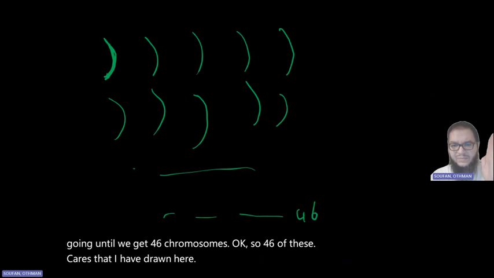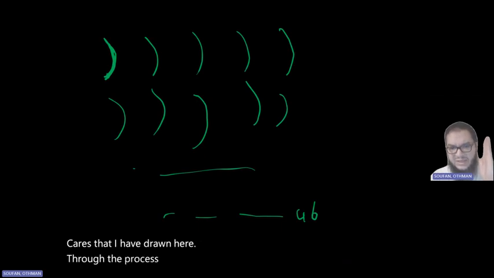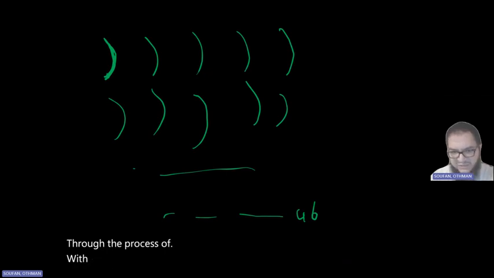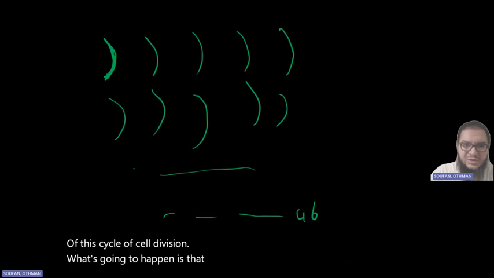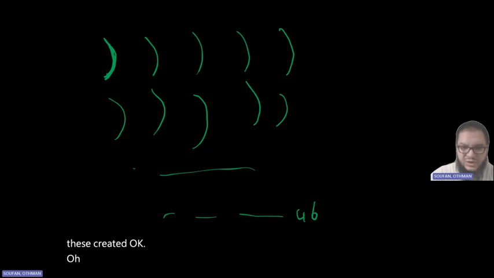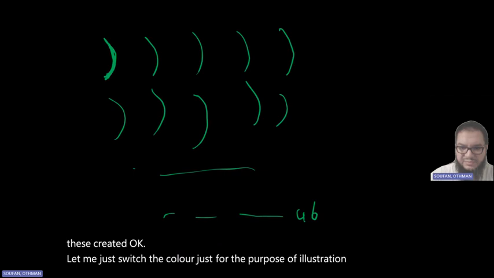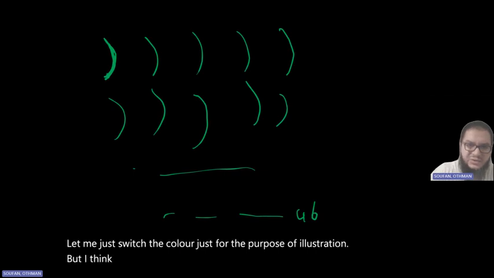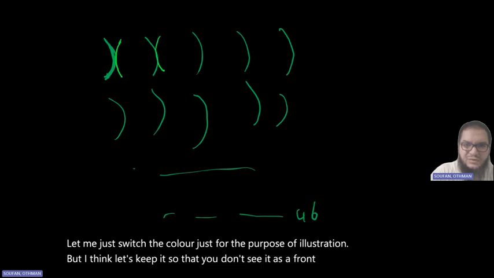Through this cycle of cell division, what's going to happen is that initially there are going to be copies of these created. Let me just switch the color just for the purpose of illustration. We can use this green color here.